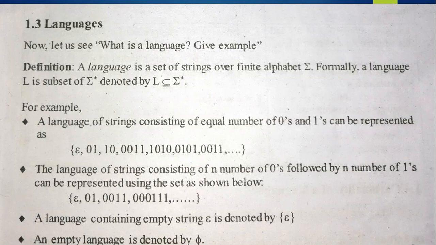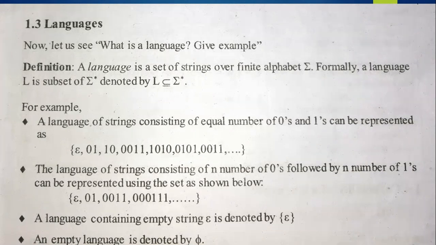Then formally, a language L is a subset of sigma star. Inside the language L, we represent a few strings which can be created from sigma. Observe my words once again.